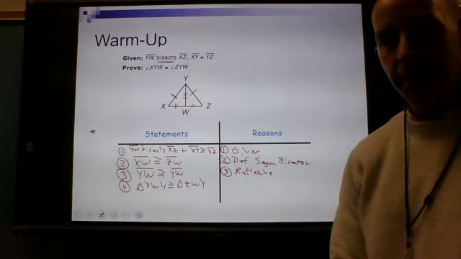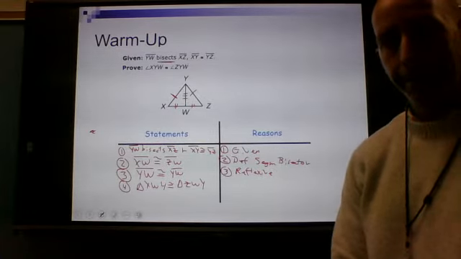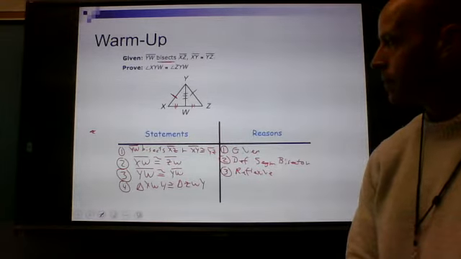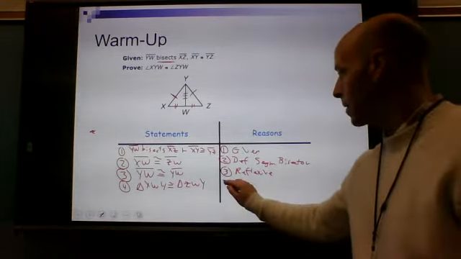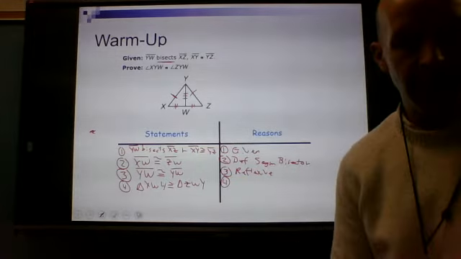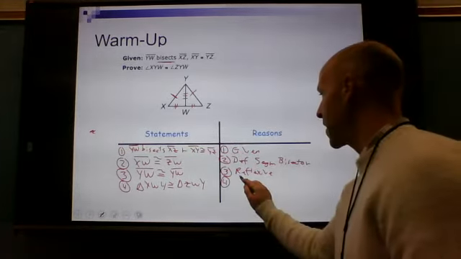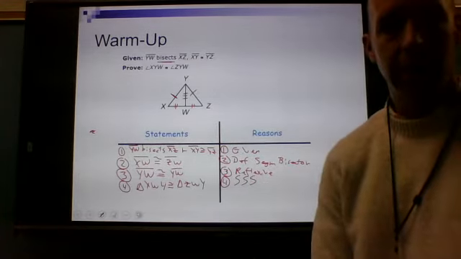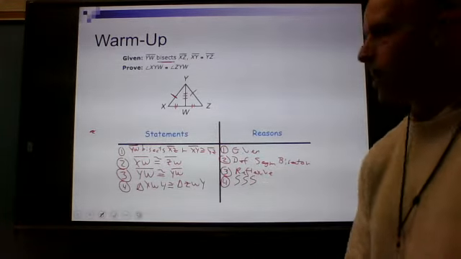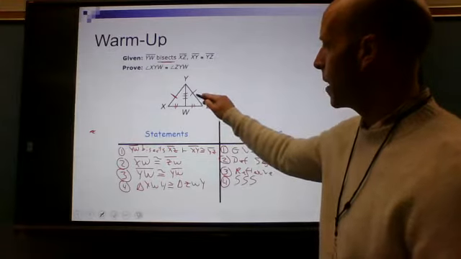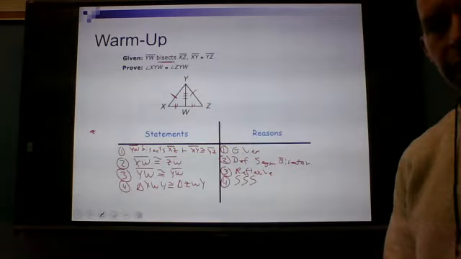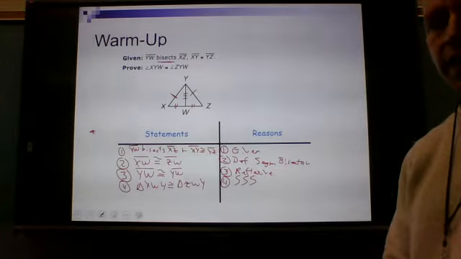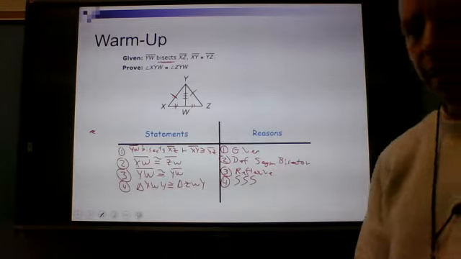No, there's no vertical angles here. Okay, I'm going to speed this up, guys, because we have other things to get done today. Because of SSS, side, side, side. You have 3 corresponding sides in this triangle congruent to 3 corresponding sides of that triangle. So those 2 triangles are congruent because of side, side, side.